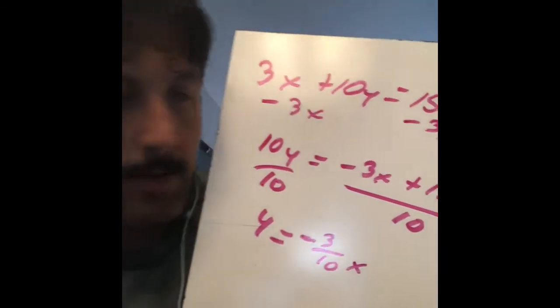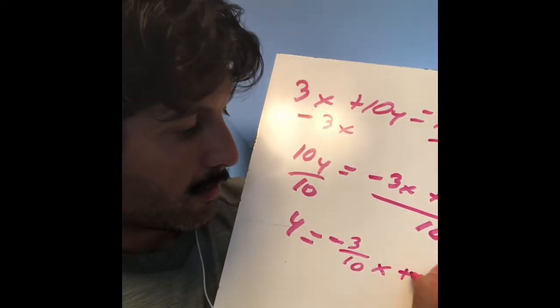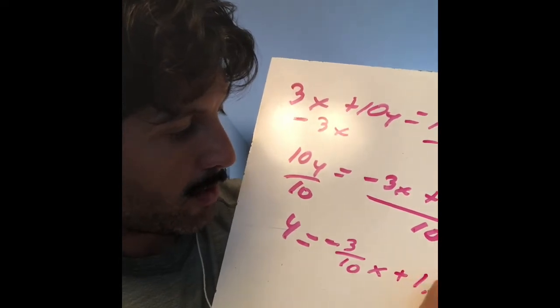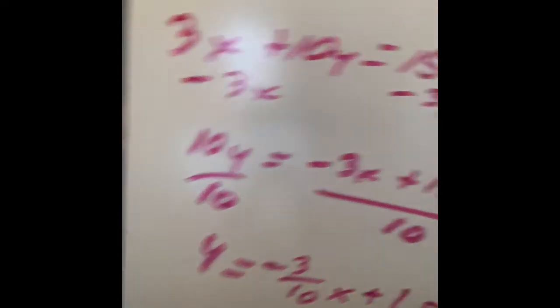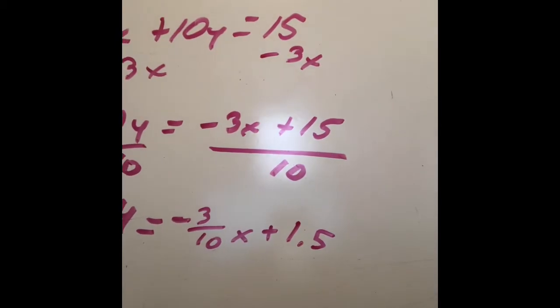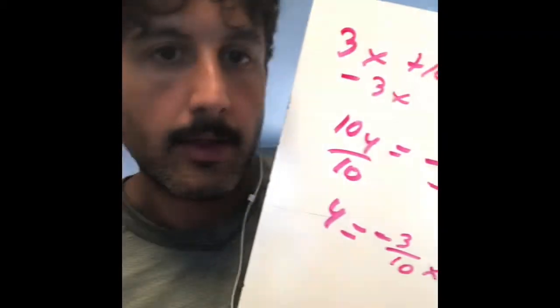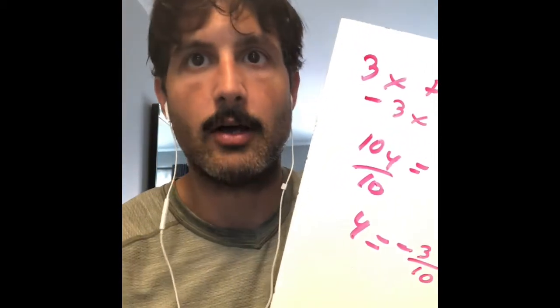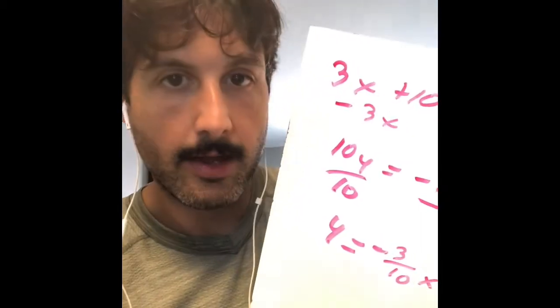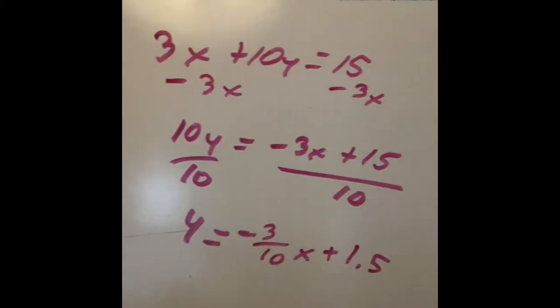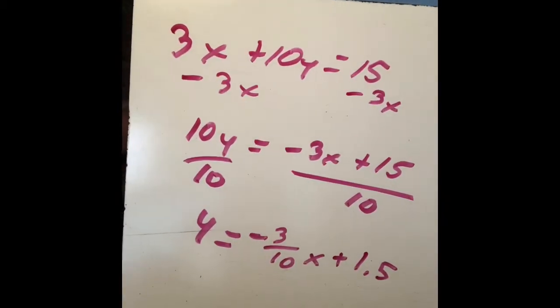And 15 divided by 10 is 1.5. Now, that is isolating for y in terms of x, or solving for y in terms of x, using that algebra that we did before.